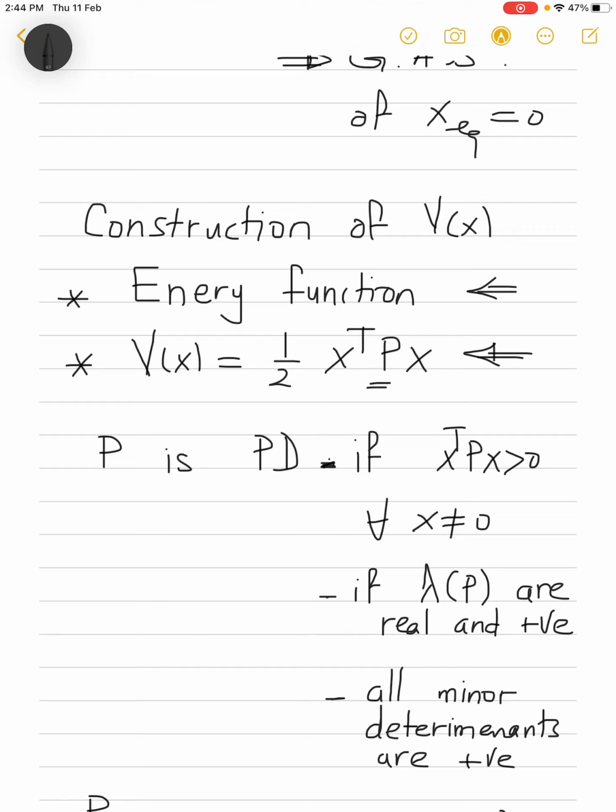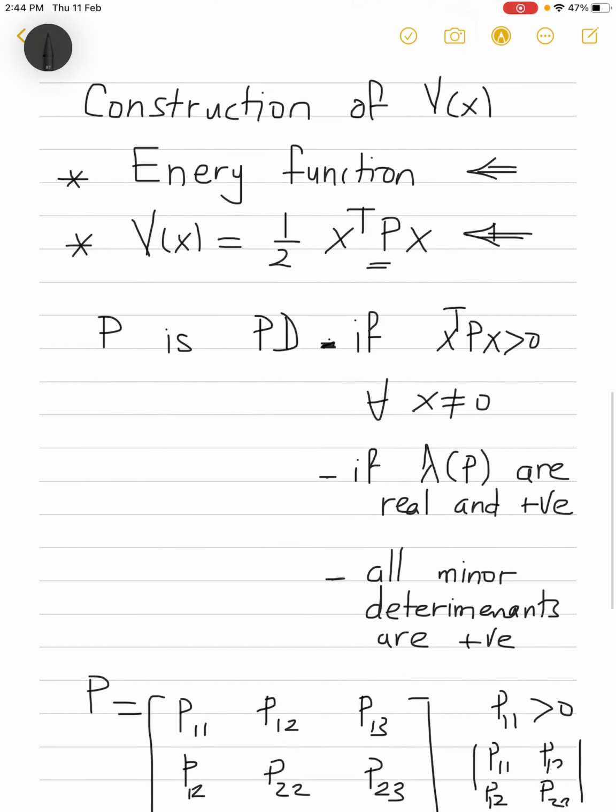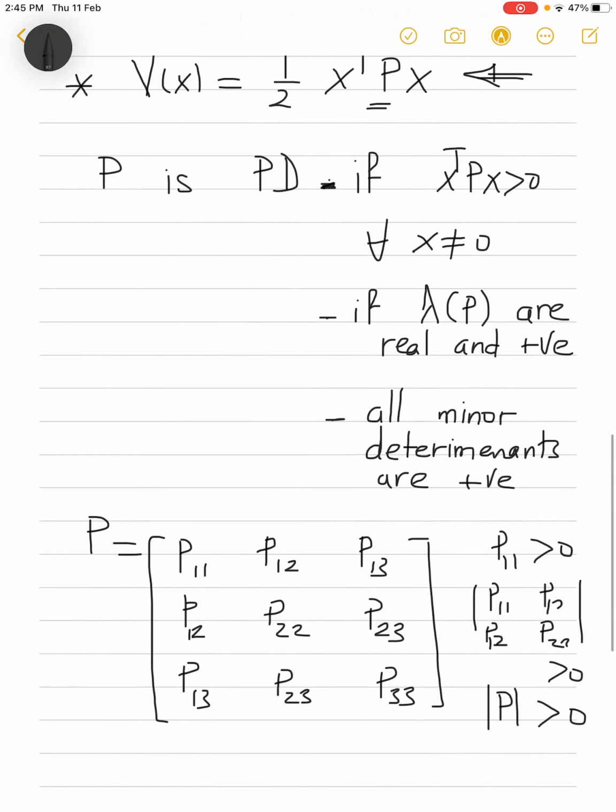The first condition, if we have x transpose P x positive for all values of x such that x is not equal to 0, or if the eigenvalues of P are real and all positive. And the third possibility, if we calculate the minor determinants of the matrix and we find them all to be positive, then again the quadratic form x transpose P x is positive.